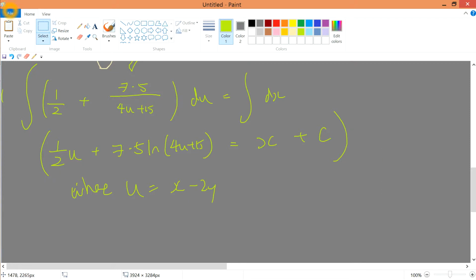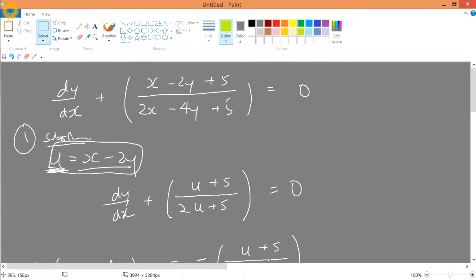But the takeaway is that you need to really know how to identify whether it is a substitution method. Alright, if all the terms are first order, all these variables are first order or the same order, then you know that it's substitution. And when you substitute, you substitute the things that are common.